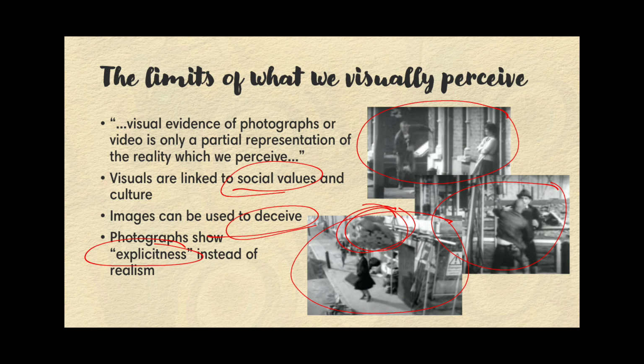And so therefore, photographs are not necessarily equal to realism. It's not really realism, but it's really a question of what the one taking that image, or posting that image, editing that image, is trying to make explicit. And what it tries to make explicit is, again, very much grounded in our social values and our cultural backgrounds.